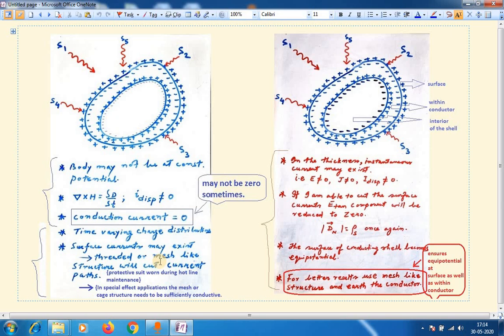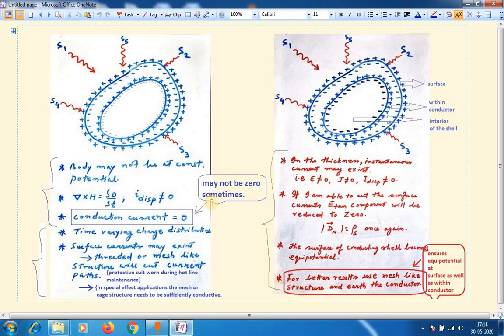The field inside will be 0. Inside means I am talking about the interior of the shell, right? Now, how to design depends on the application.